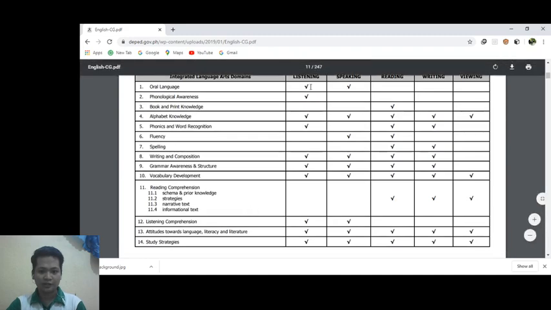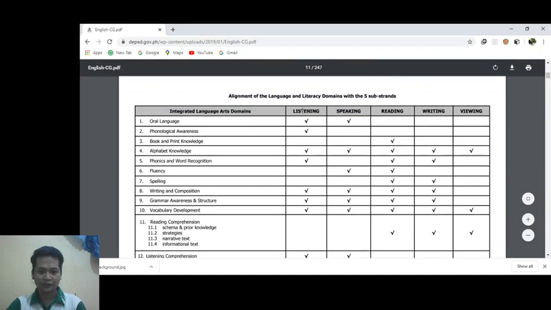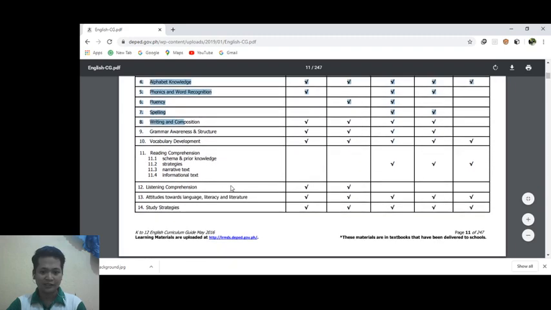These are interrelated. We have here the domains and the 5 macro skills. As you can see, these macro skills are being enhanced, and you can also see the domains: oral language, phonological awareness, and so on.